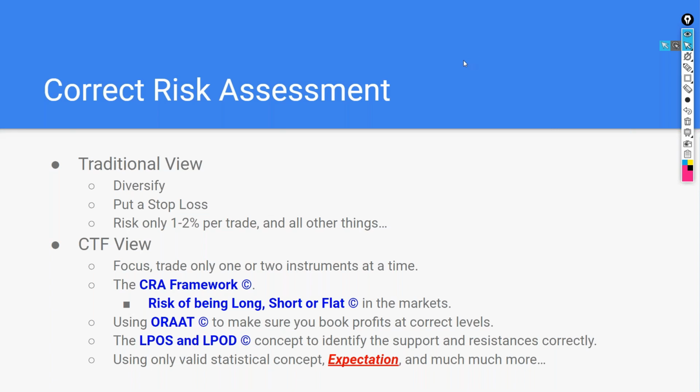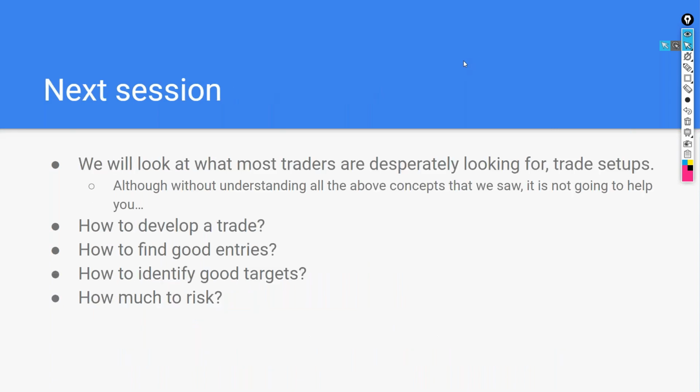All right. So next session, we will look at what most traders are looking for: trade setups. Now, if some new people register and come to the third session, and they don't bother with the first two sessions, it is not going to help you.